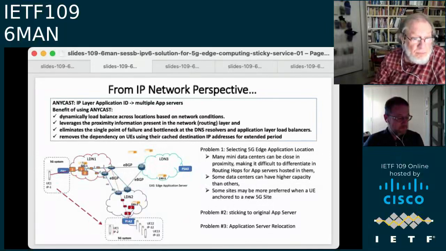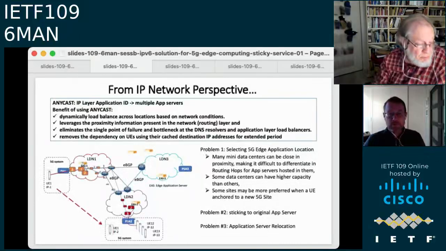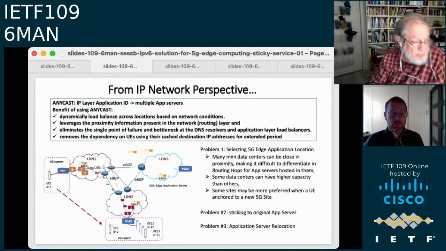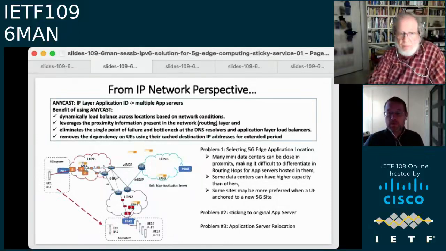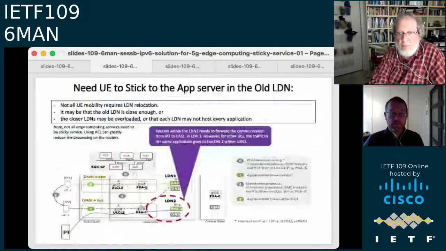One application server in LDN1 may be very close to the one in LDN2. So the network distance difference is not significant enough to balance out other factors, for example higher capacity, or maybe some sites may be more preferred than others. So there are other issues brought up by this. Next slide, please.